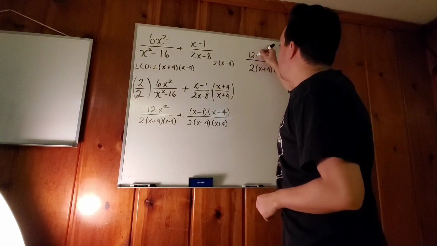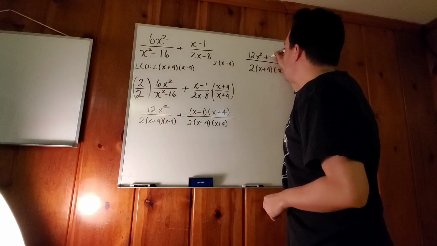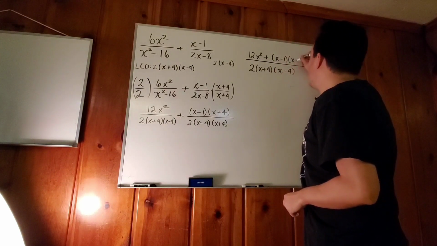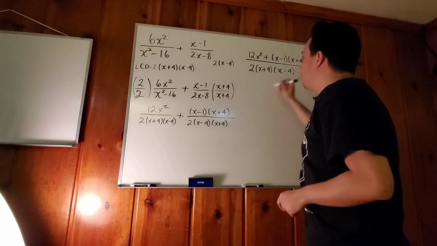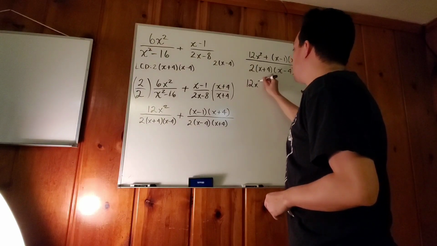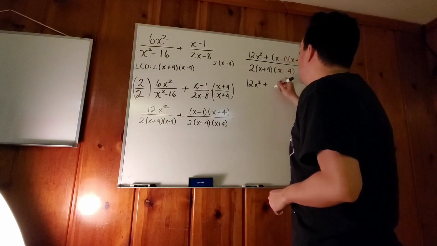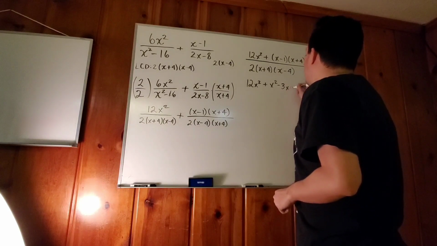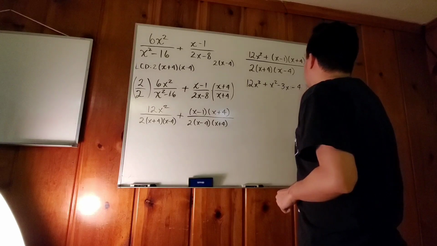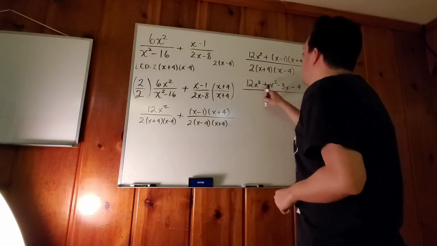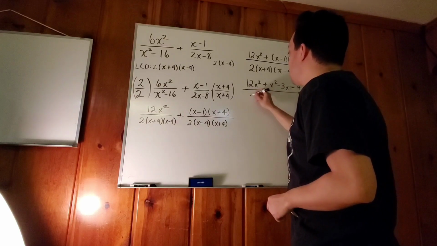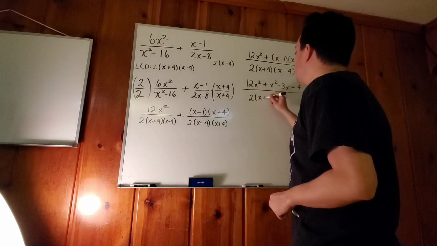And then in here, we're going to have 12x squared plus, and then we are going to have to do FOIL here, which is one of the reasons I told you that you have to be really good at FOIL. And I keep stressing these things because they're true. So it's going to be x squared minus 3x minus 4. So it's going to be 12x squared plus x squared minus 3x minus 4.